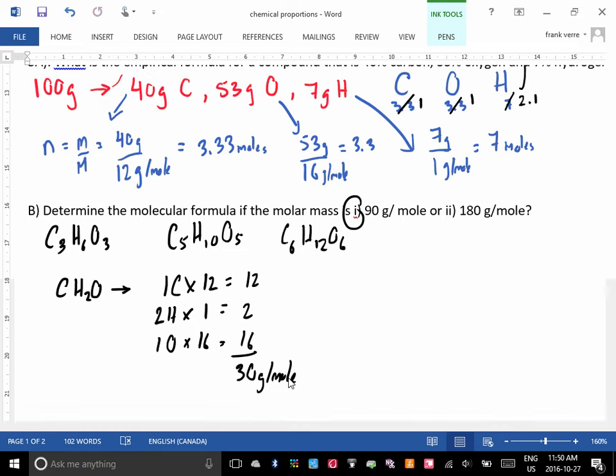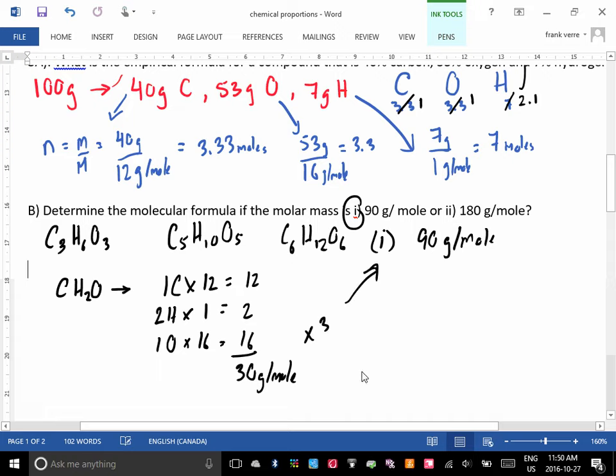Now, if we have a substance, so for number 1, that's 90 grams per mole, then that would be 3 times this value, correct? This is 30. So CH2O would be 30. 90 is exactly 3 times that value.